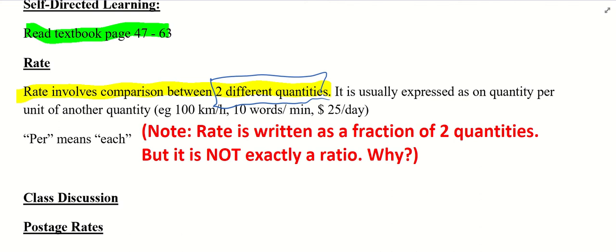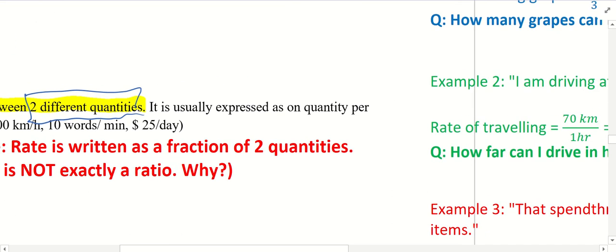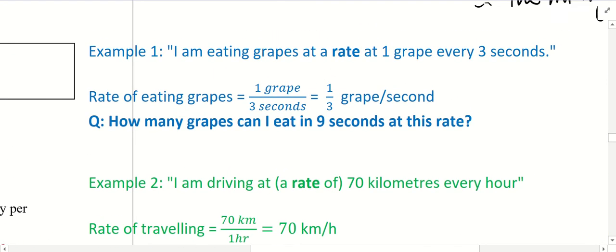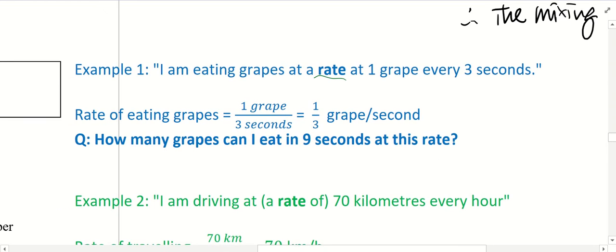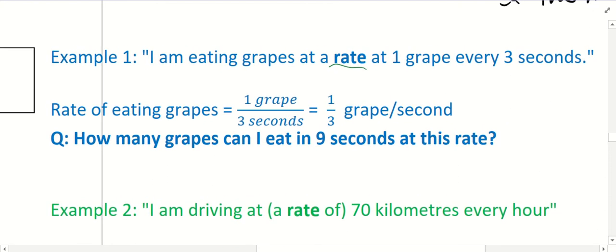What does this mean? Let's look at some very simple examples. For instance, if I say that I'm eating grapes at the rate of 1 grape every 3 seconds, you see the word rate here. We can express this sentence as a mathematical equation: the rate of eating grapes is 1 grape every 3 seconds.